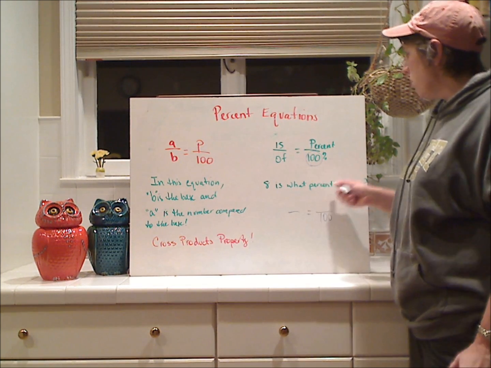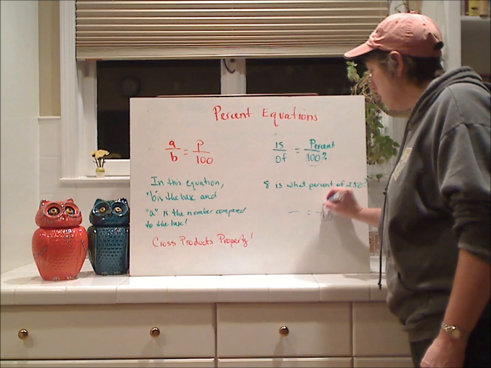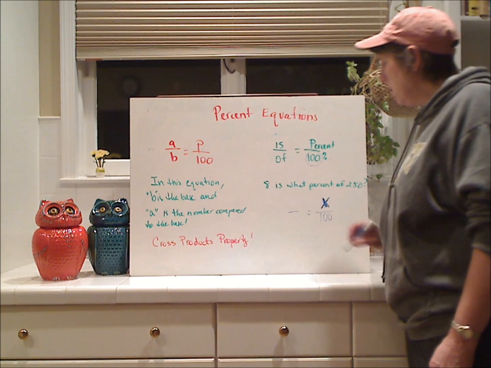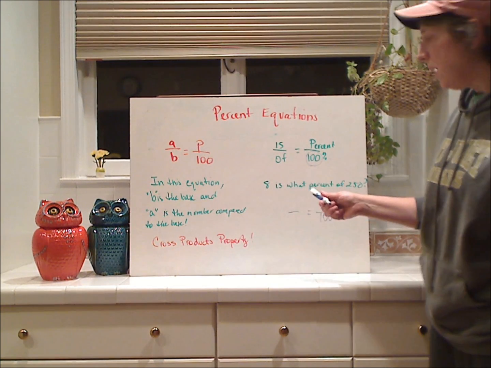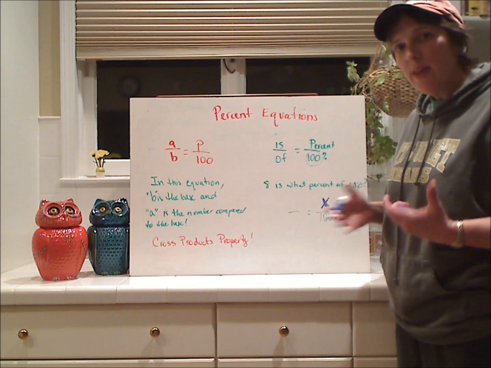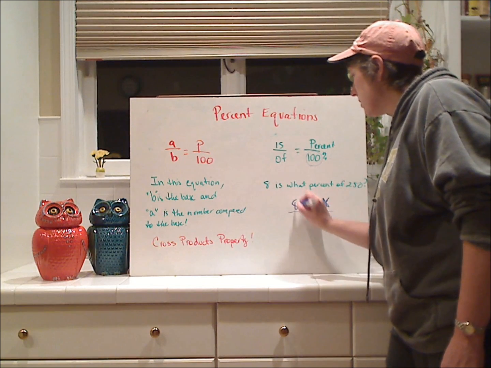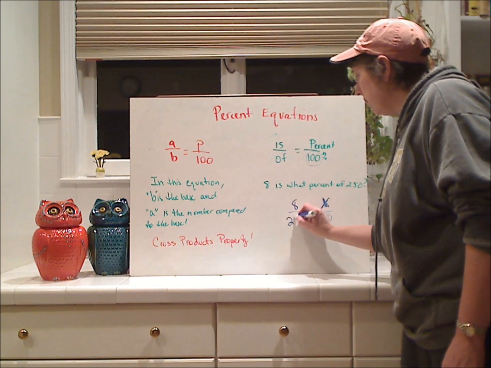It wants to know the percent, so you could put P or you could put X. I'm putting X. Then you have to just get this right. 8 is what percent of 250? Do you see how the is and the of work together now? So 8 is of 250.